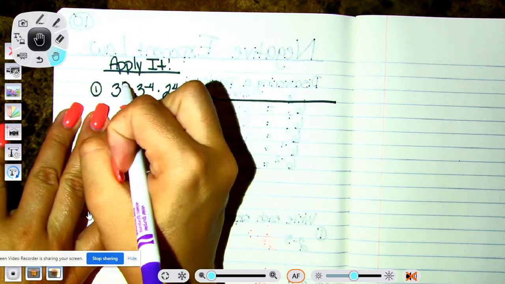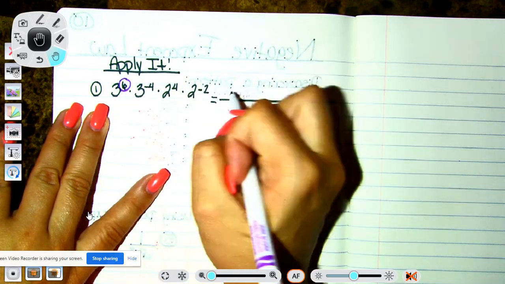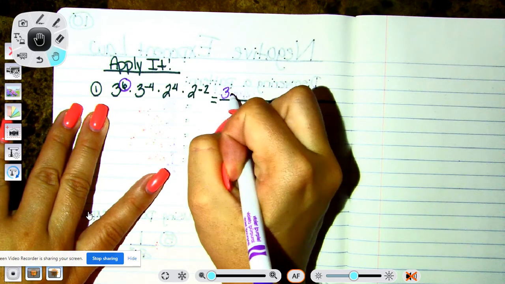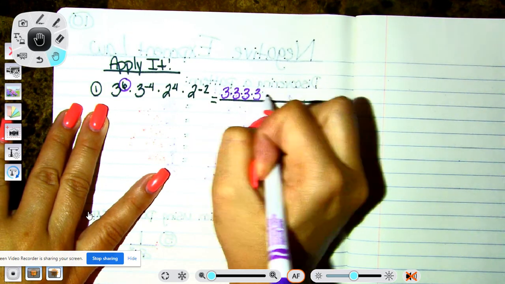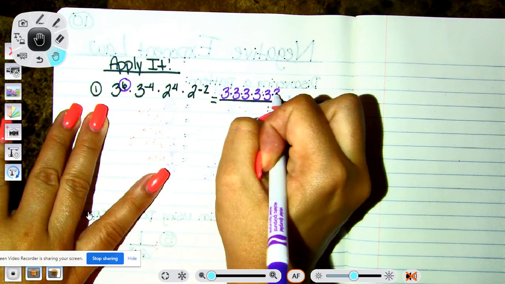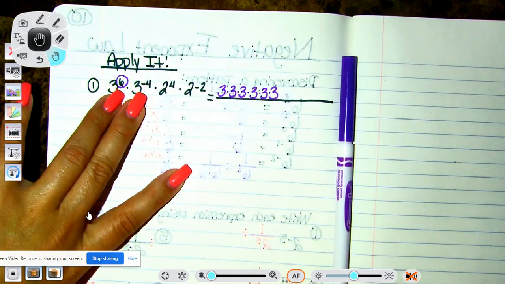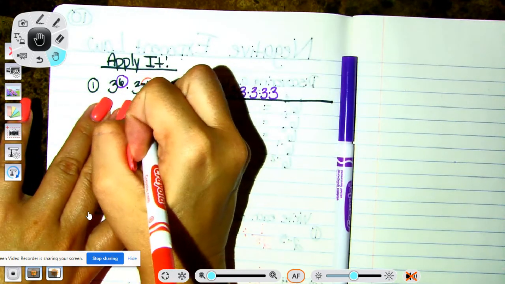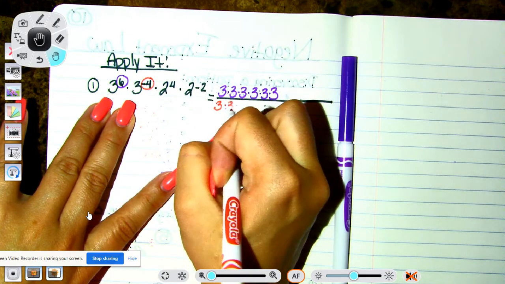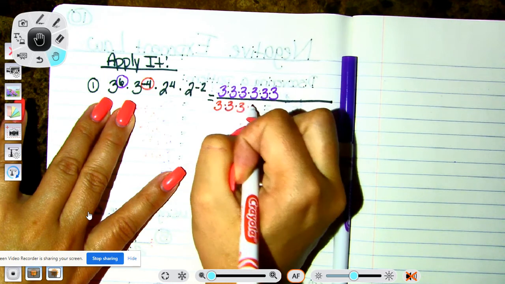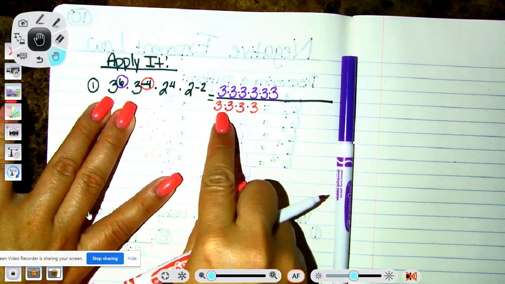Okay, so 3 to the 6 is positive, so I'm going to multiply by 3 6 times. 1, 2, 3, 4, 5, 6. But in this case, I see a negative 4. So that lets me know that I'm going to divide by 3 4 times. And again, my fraction bar lets me know I'm dividing.